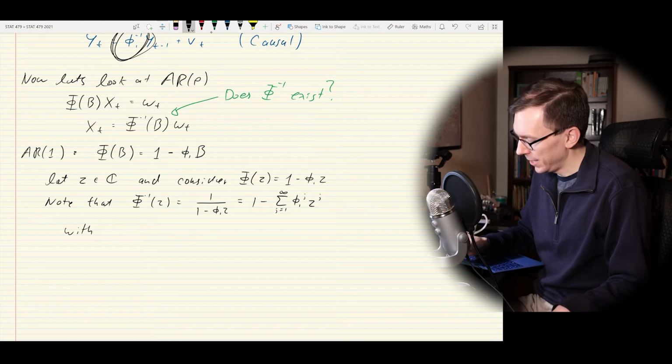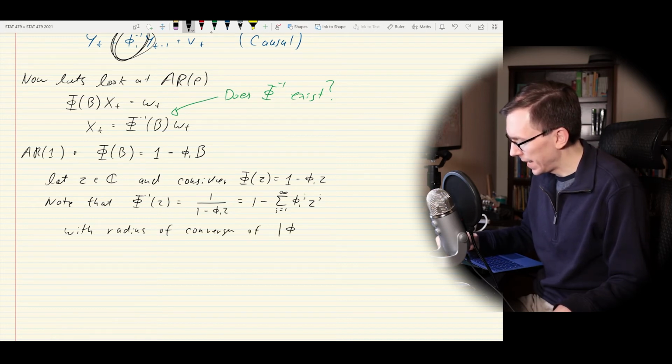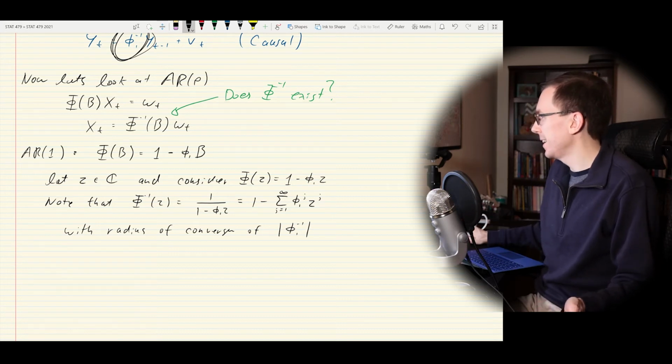But here we're going to have a radius of convergence of phi 1 to the minus 1, which basically is to say, let me make sure I have my notes here right.